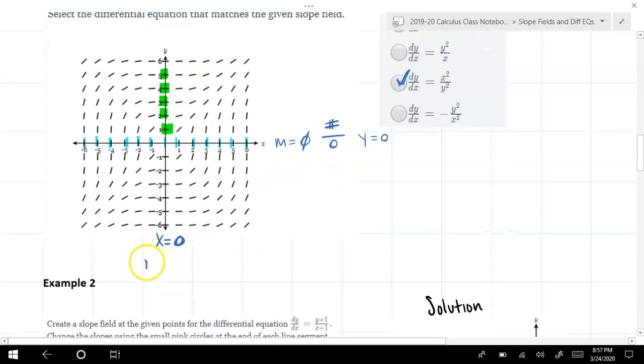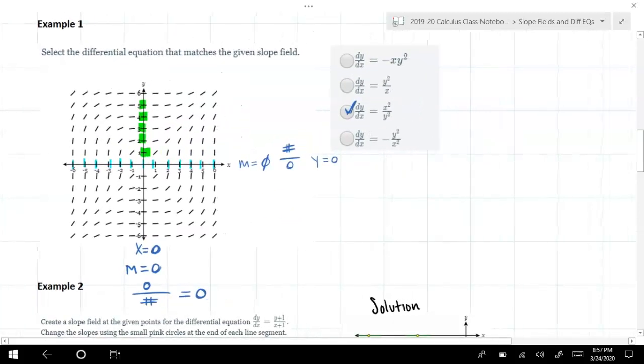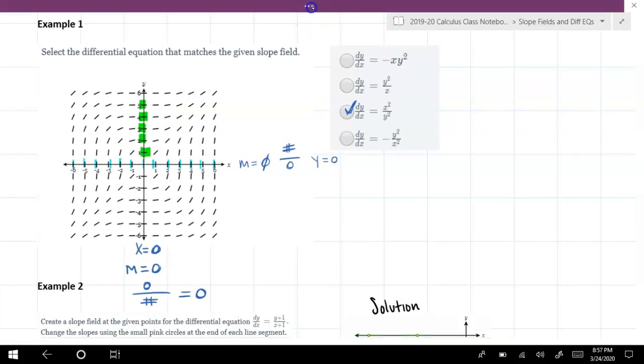Well, horizontal lines are when the slope equals 0, and this happens when we have 0 over a number. So x equals 0 will make the whole slope equal 0.